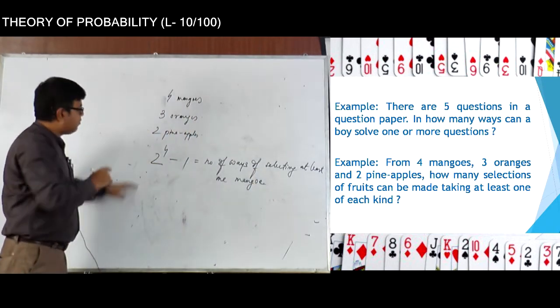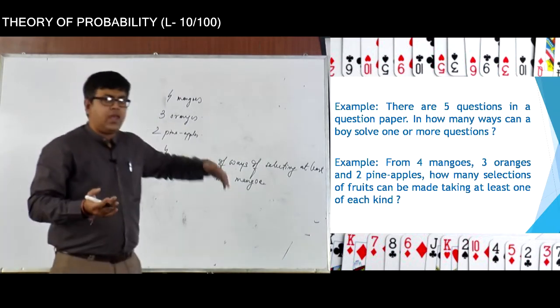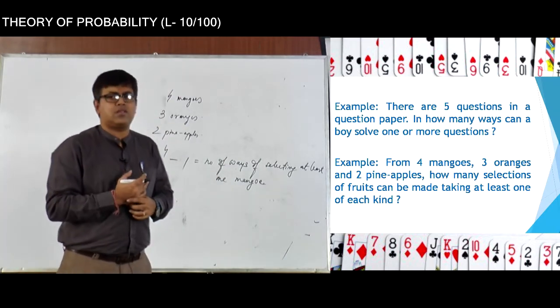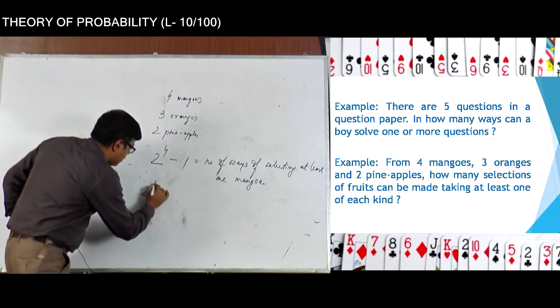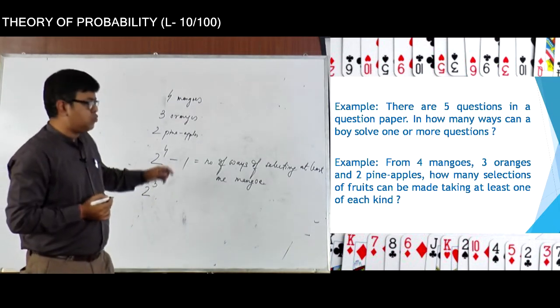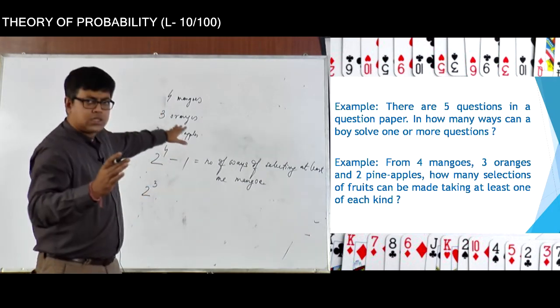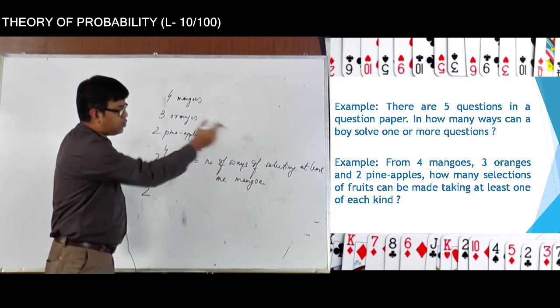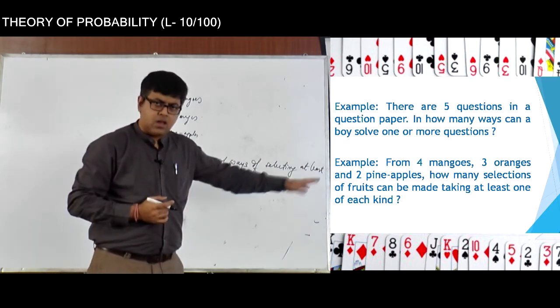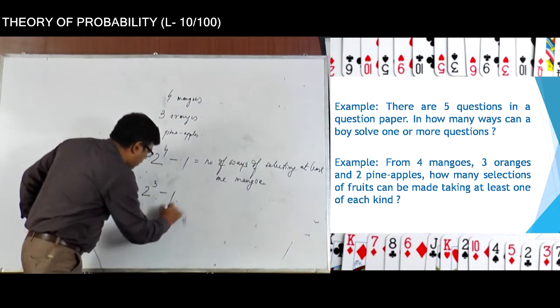By the same logic, since we have 3 oranges, you can make a selection of 3 oranges in 2 to the power 3 ways. But out of those 2 to the power 3 ways, there is only one way in which you are not selecting any of the 3 oranges. Since you want at least one orange in your selection, I have to subtract that particular case.